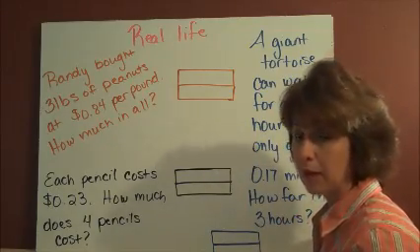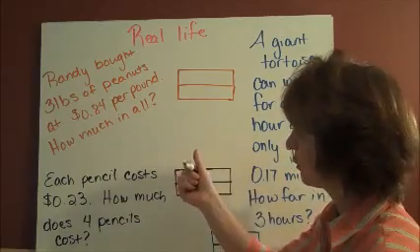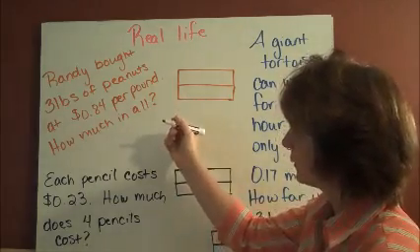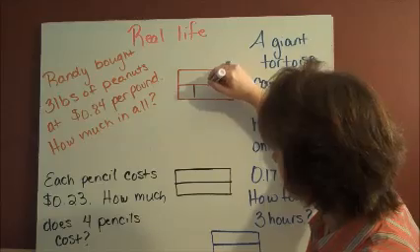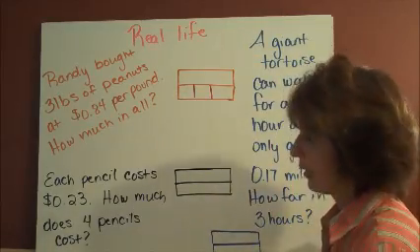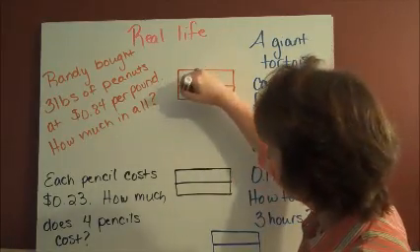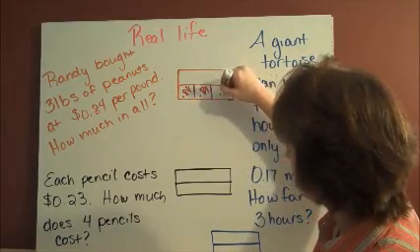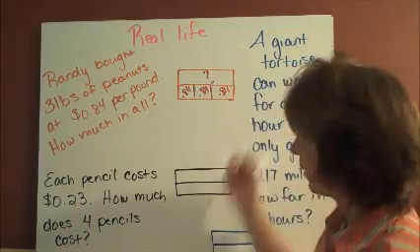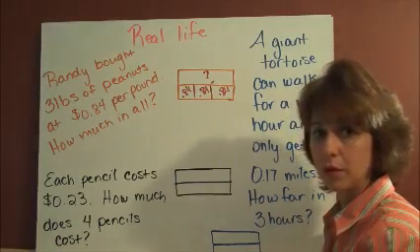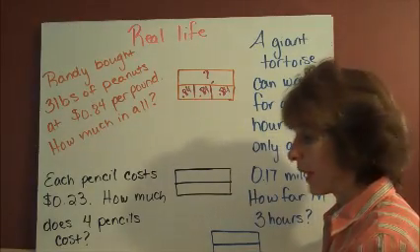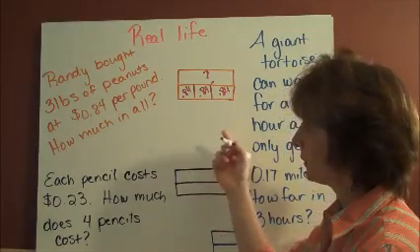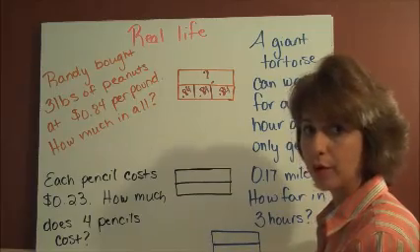Our thinking blocks help us solve a word problem. 3 pounds, which would mean that I would have to cut this into pounds, and each of those pounds is 84, and this is what I don't know. I don't know the total cost. So I am figuring out 3 groups of 84 cents.